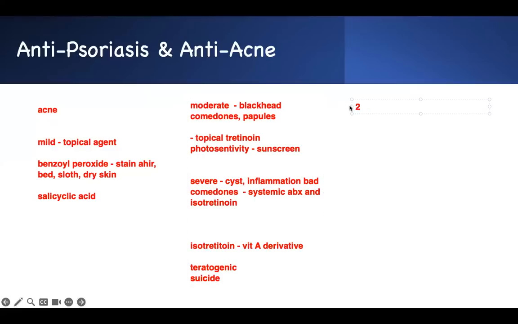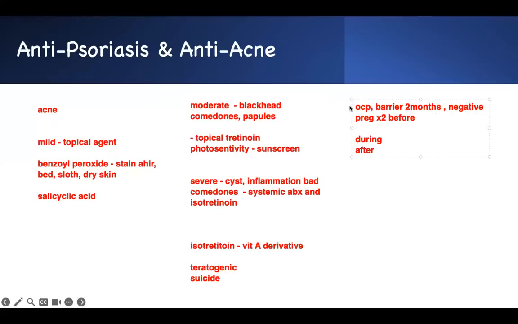So you need to take oral contraception plus a barrier method 2 months before we start the medication. And you have to have a negative pregnancy test twice before we start.